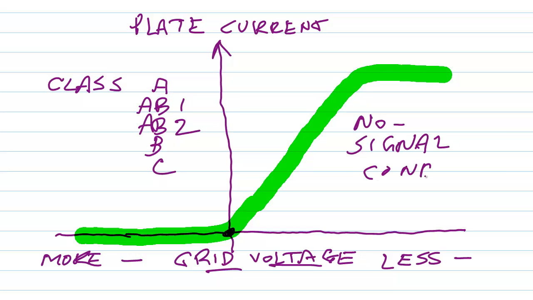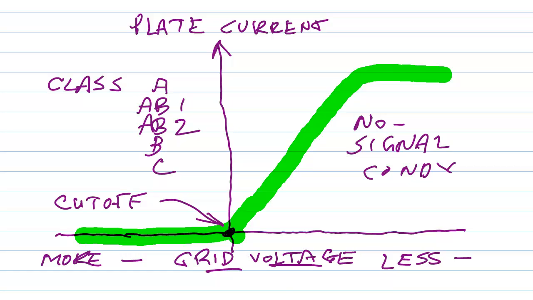So if we vary the grid bias in a vacuum tube but don't apply any signal whatsoever to the input, we'll get a plate current of 0 up until we reach the point known as cutoff. Same basic principle as you would find in a bipolar transistor, but a vacuum tube more nearly coincides with the behavior of an N-channel junction field effect transistor, so this would be more like the pinch-off state of affairs in that type of device.